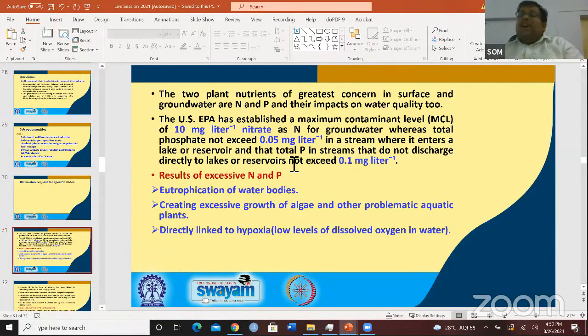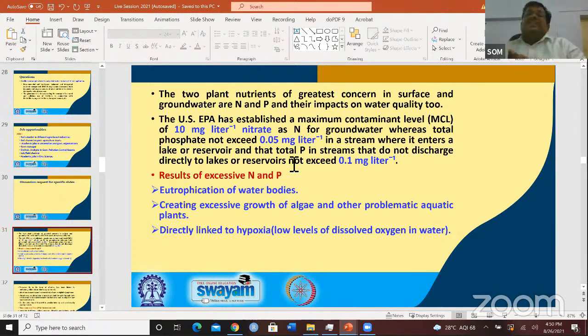negative consequences, because when there is excessive nitrogen and phosphorus, what will happen? There will be eutrophication of water bodies, creating excessive growth of algae and other problematic aquatic plants.